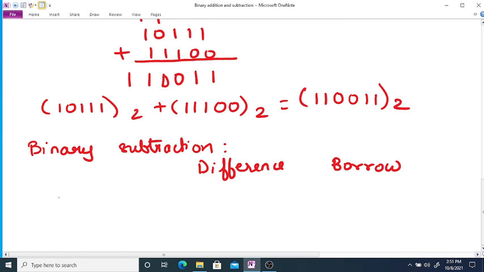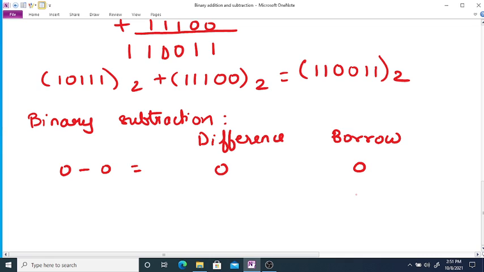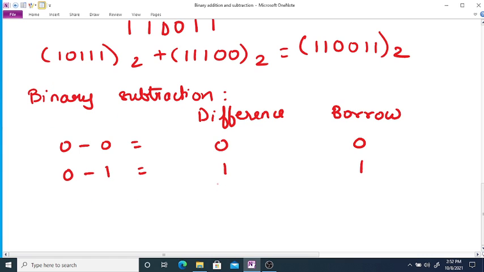Now first case is 0 minus 0, difference will be 0 and borrow will also be 0. Then next 0 minus 1 will give us difference as 1 and borrow as 1. Now here 0 minus 1 we have to take a borrow from next term, that is why difference will be 1 and borrow will be 1.